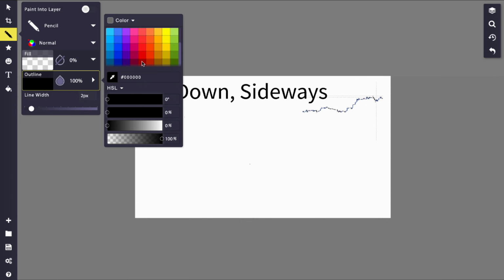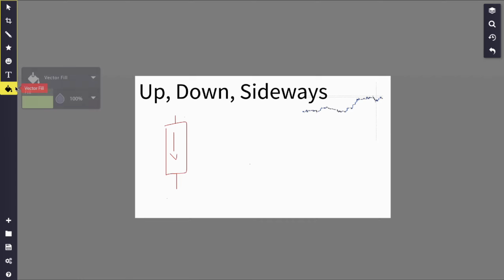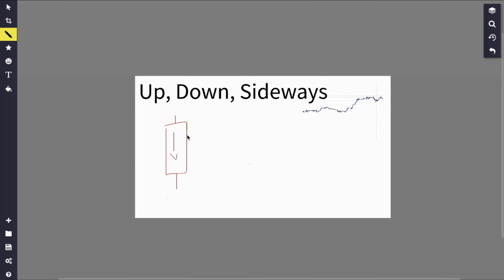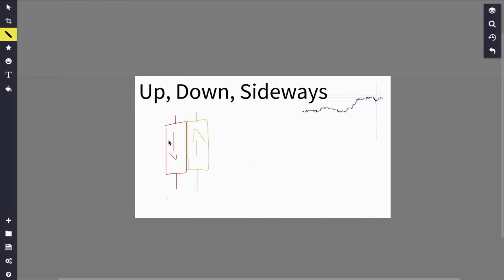As we said before, I'll do a red candle. That means it's going downwards. And then a green candle. Exactly, it's going up. You're learning, hey? So, if it's going downwards and then going up, what does that mean? Down, then up.